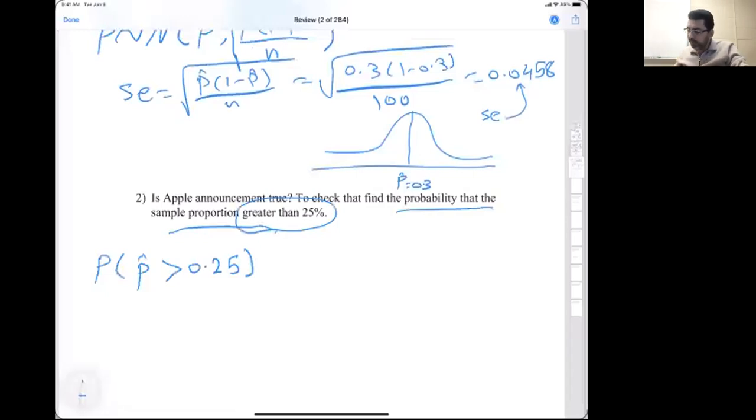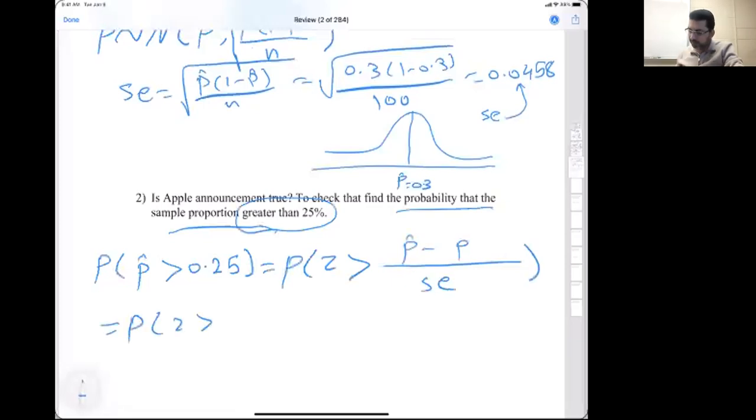So again, we need to convert P hat to Z so we can find the probability from the normal distribution. In this case, we apply z greater than P hat minus p divided by the standard error. So we have z greater than 0.25 minus 0.3 divided by the standard error 0.0458.